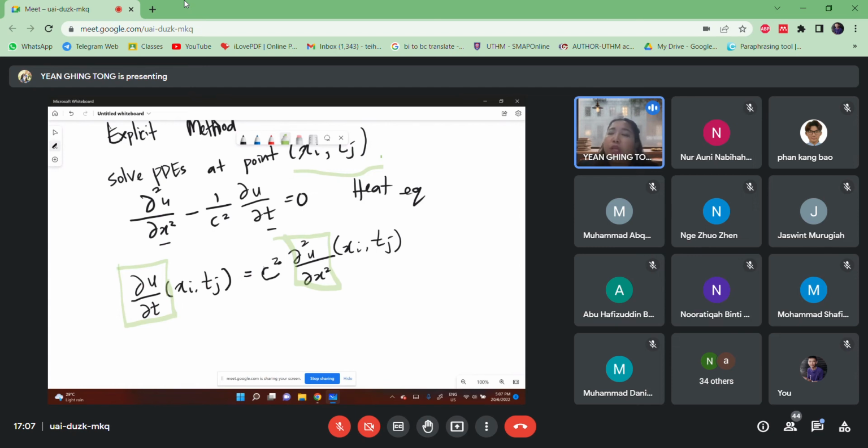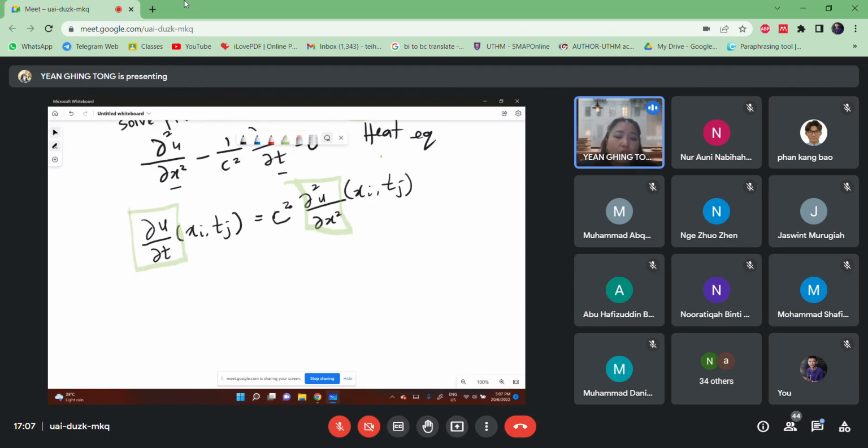So if you remember in chapter 5 numerical differentiation, using the forward 2-point method, we want to solve the PDE using what we call forward time, central space, or in the short form FTCS.